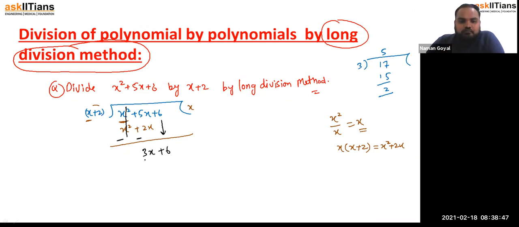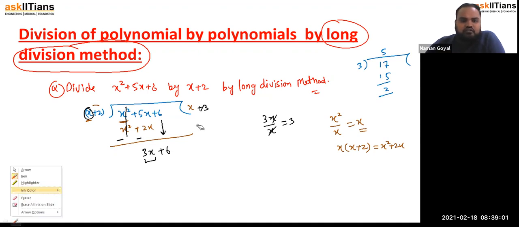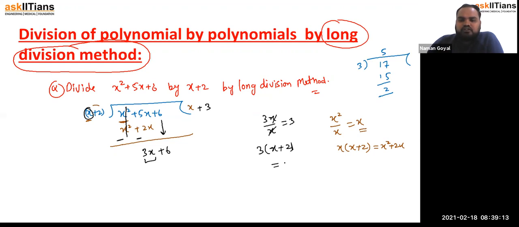Now this first term is going to be divided by this first term. So what we get, 3x by x, how much we got, 3. So that 3 can be written here. Now this 3 is going to be multiplied with this complete one. So 3 into x plus 2, how much we got, 3x plus 6.